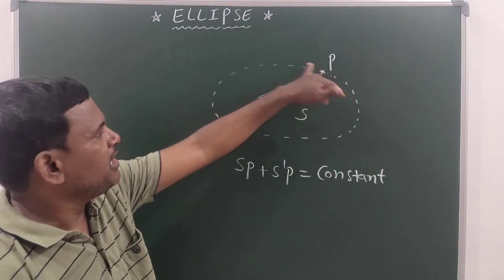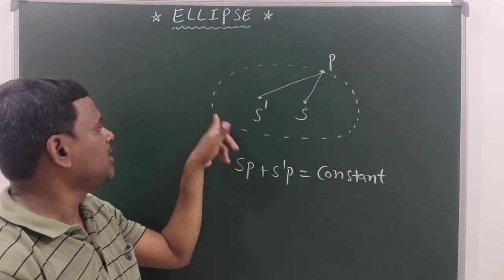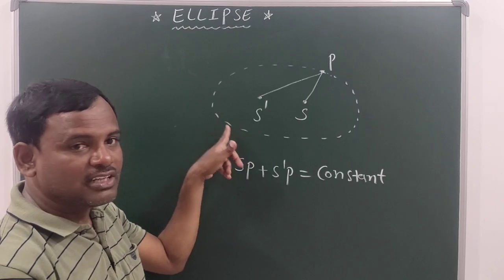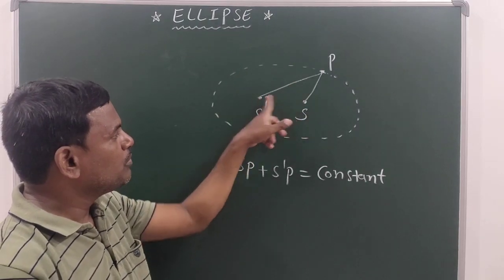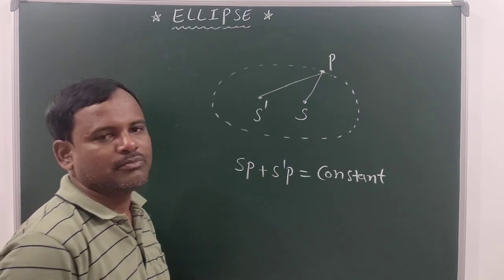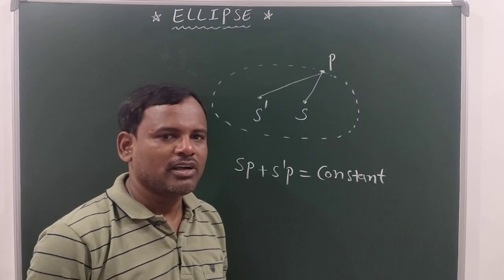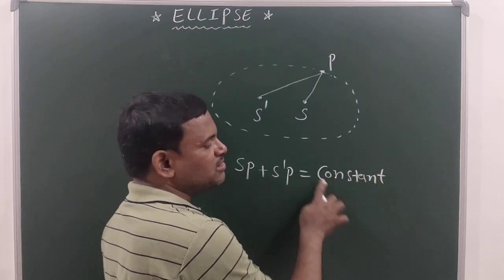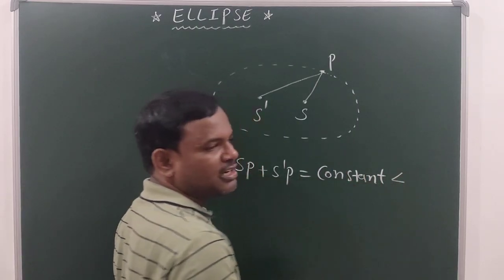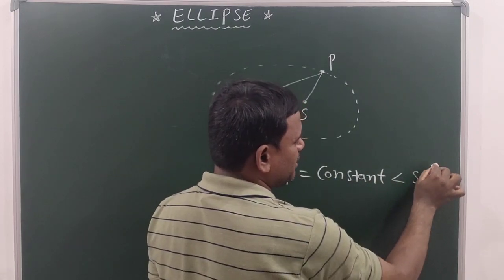You can take P anywhere on this locus, either here or here or here. Measure the distance from P to these two fixed points and add both of them. This result will always be the same or constant. This constant value must be smaller than the distance between these two fixed points.